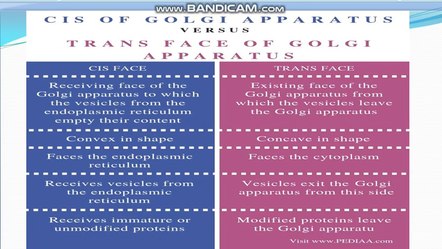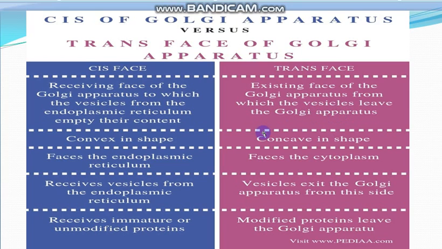So next comes the difference or comparison between the cis phase and the trans phase of the Golgi apparatus. Now, the cis phase is the receiving phase of the Golgi apparatus, to which the vesicles from the endoplasmic reticulum empty their contents, and the trans phase is the exiting phase of the Golgi apparatus, from which the vesicles leave.